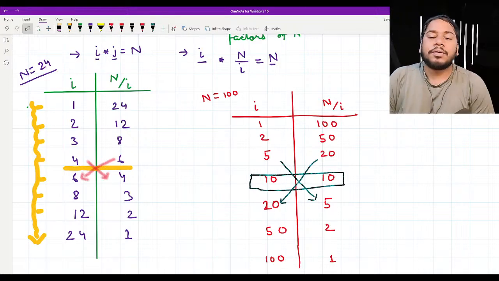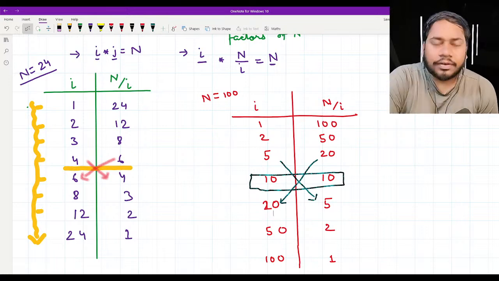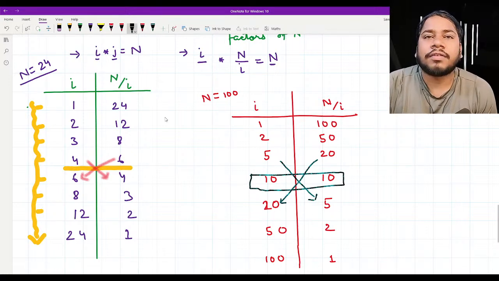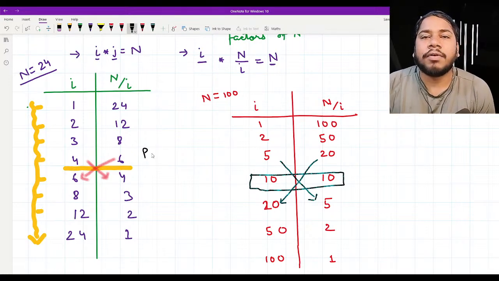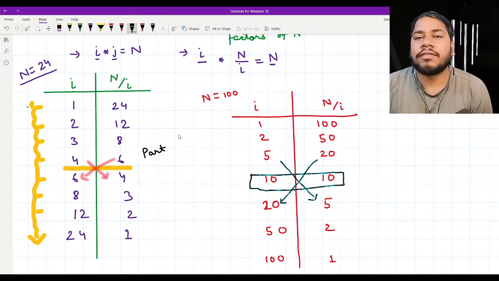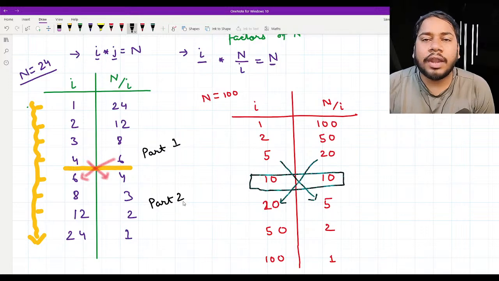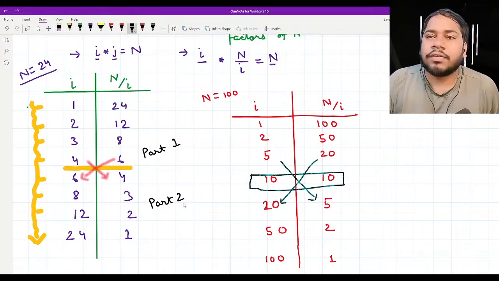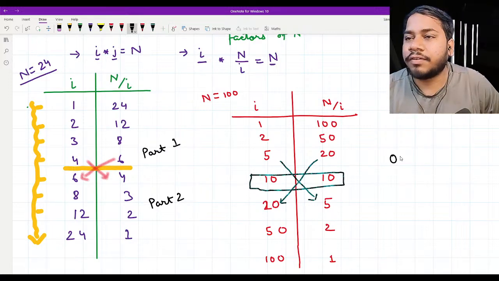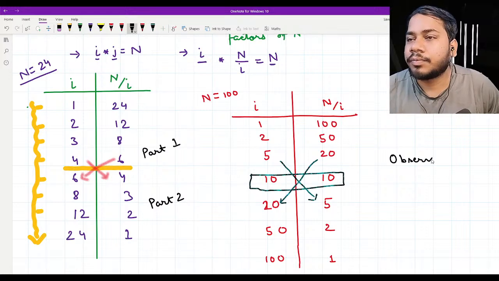Let's consider this as part 1, and let's consider this as part 2. So what can we get out of this? Let's write the observation. What is the observation, guys?